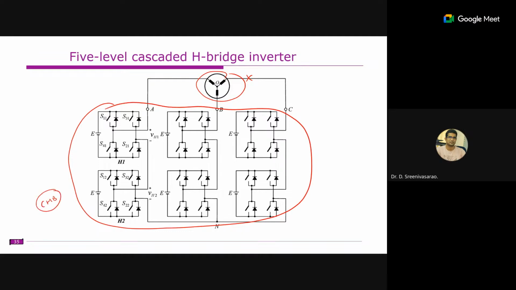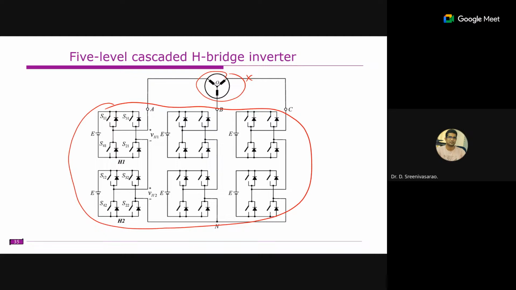This is more common for D-STATCOM or STATCOM applications because to withstand higher voltage ratings, we need to employ these cascade H-bridge inverters for high voltage applications.